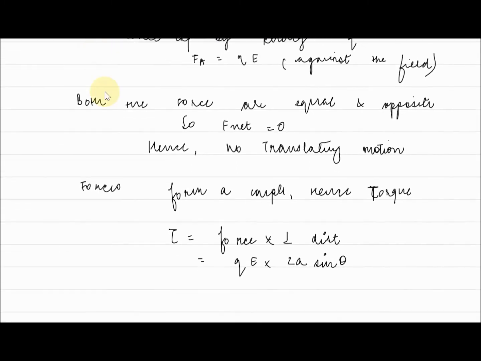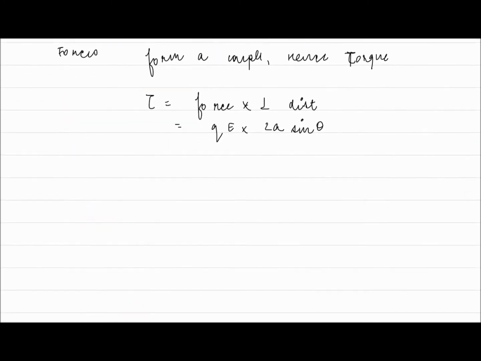So we'll take E sine theta together and write 2a into q. And we know 2a into q is the dipole moment. So it is pE sine theta. So torque is equal to, sorry, this is p, the dipole moment.